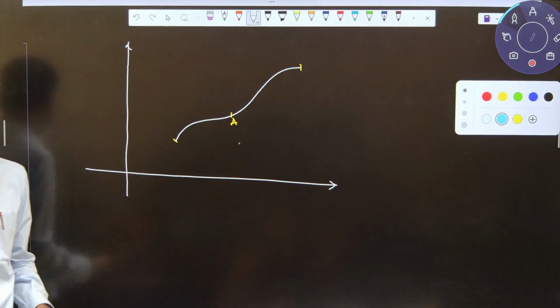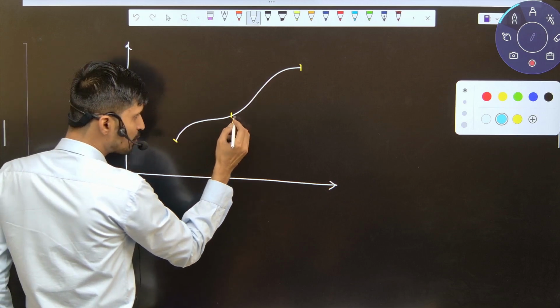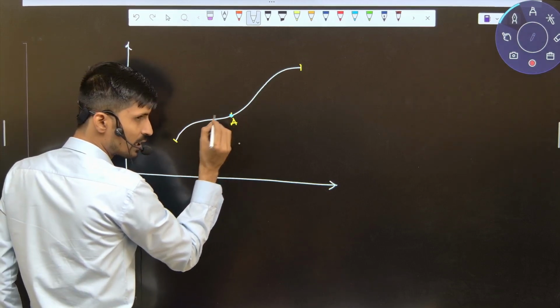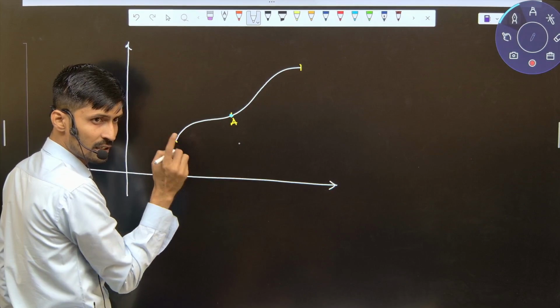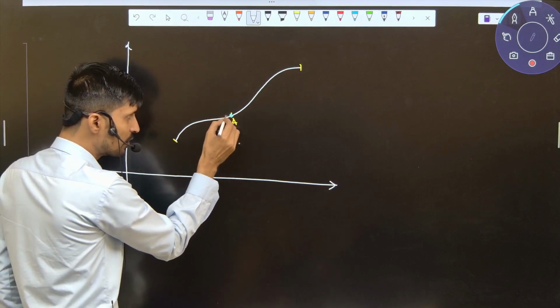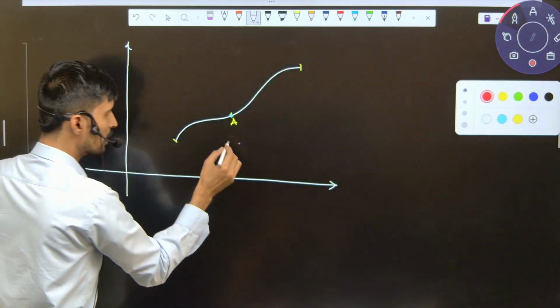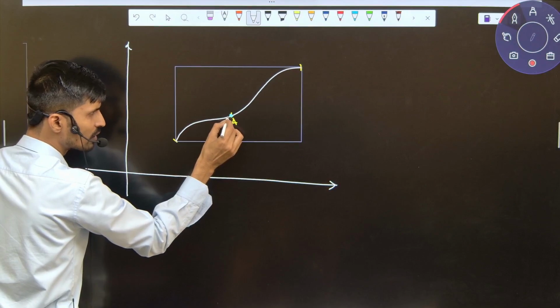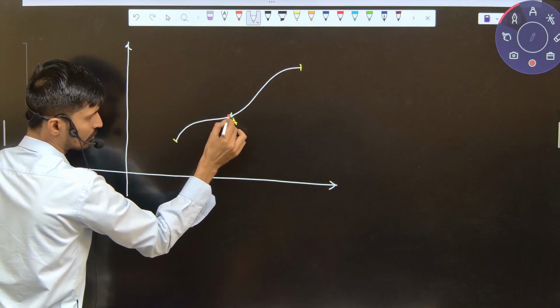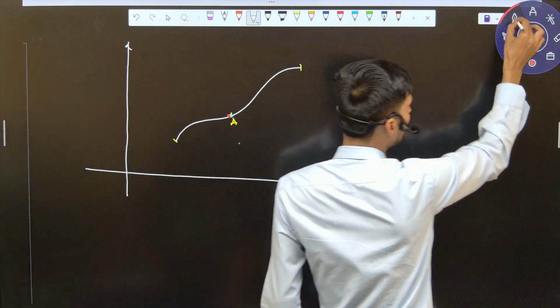Now just think, at this point I am asking you to prove that you are continuous. What does it mean? It means the point previous to this point and the point forward to this point.